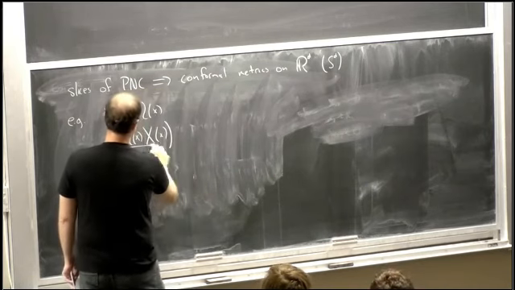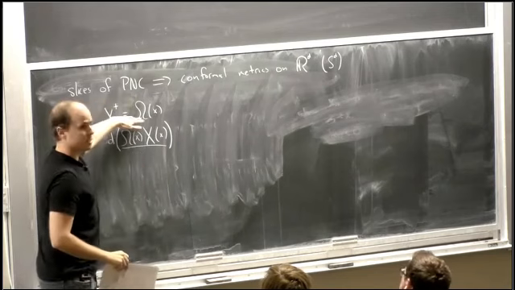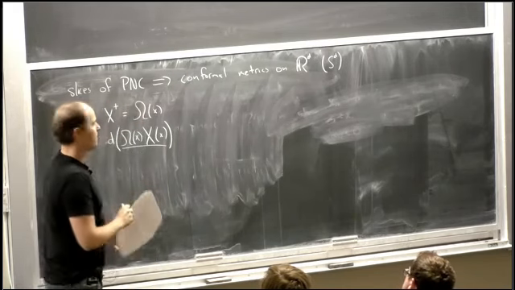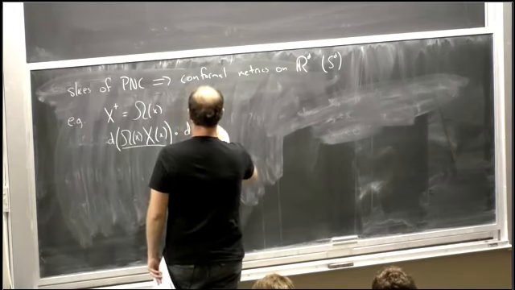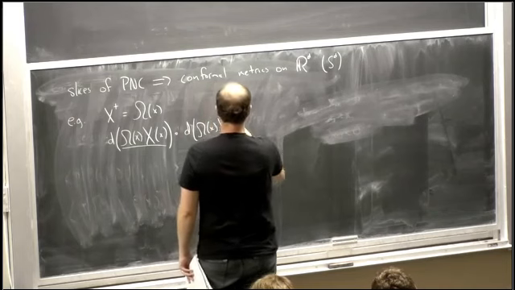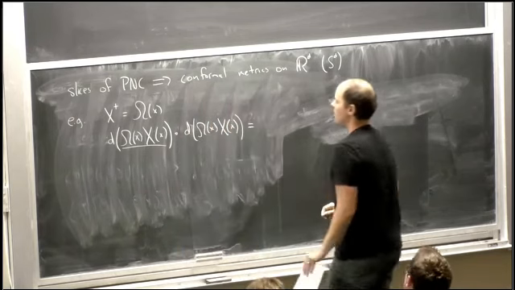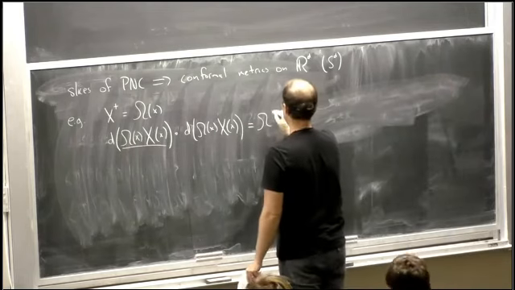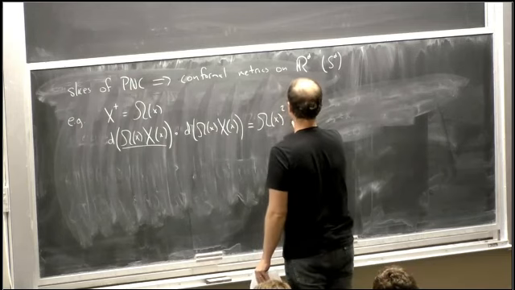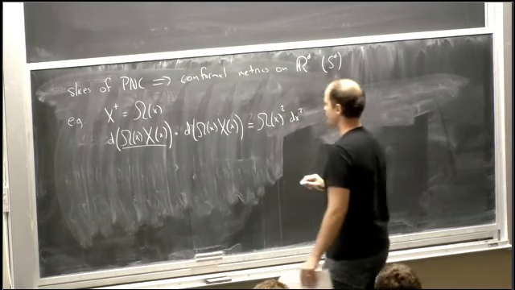So this thing satisfies this gauge condition. And we want to dot this with itself. And this is just equal to omega of x squared times dx squared.